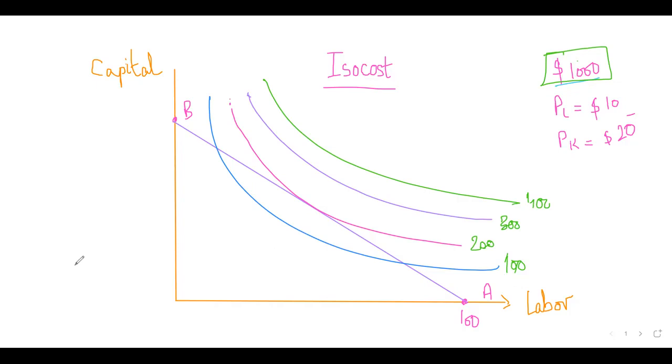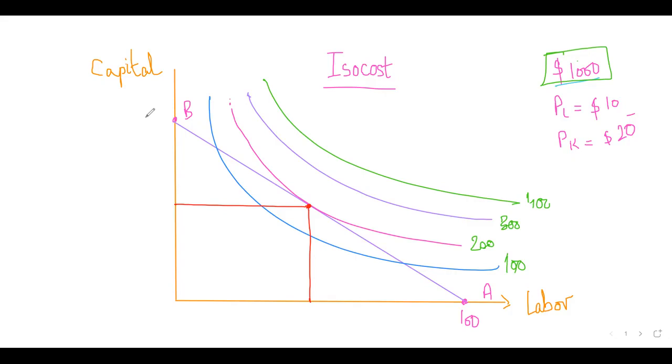Okay. Now out of these two, obviously we know that the producer would want to operate on the isoquant of 200. Why? Because that is a higher level of output compared to the 100 one. Now, at this point, what it shows us is how much quantity of the two resources you would want to have.